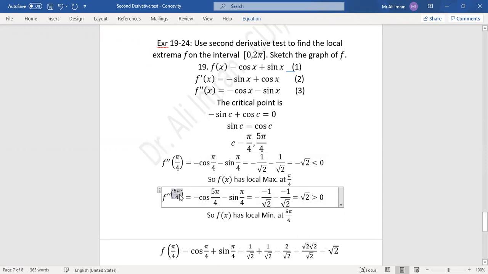Now we'll check the second critical number. f double prime of 5 pi by 4 is equal to minus cos 5 pi by 4 minus sine 5 pi by 4, where cos 5 pi by 4 and sine 5 pi by 4 have values minus 1 divided by square root of 2, which after minus minus multiplying will result in a positive number.